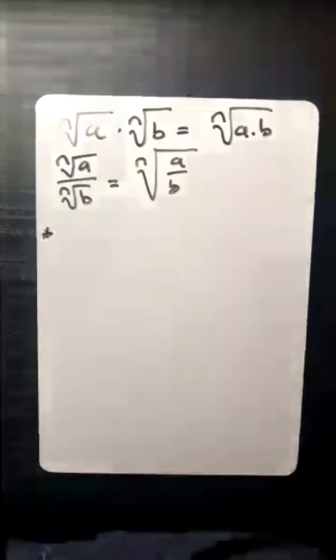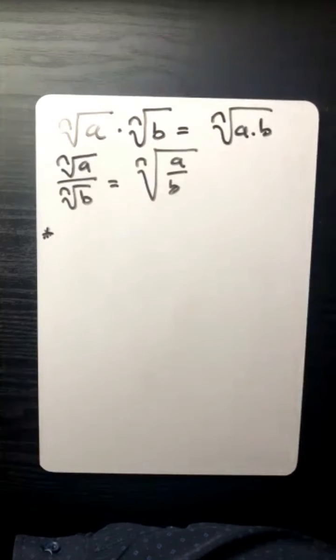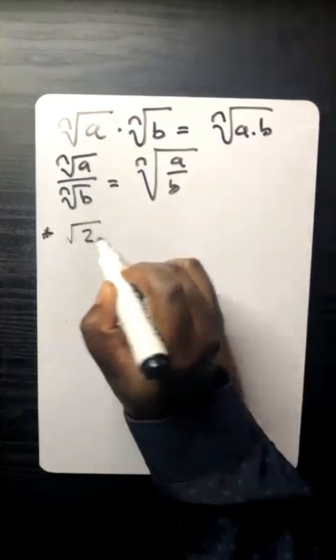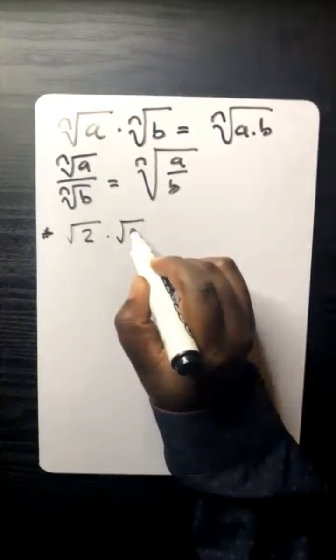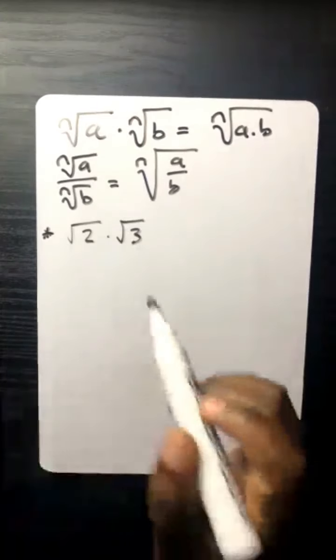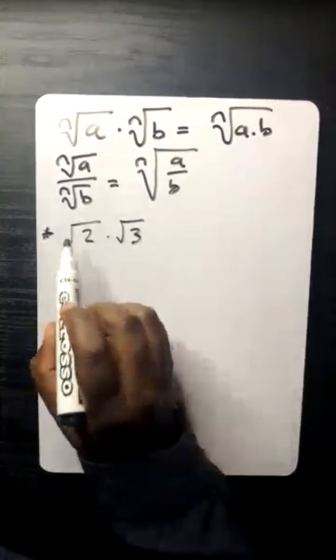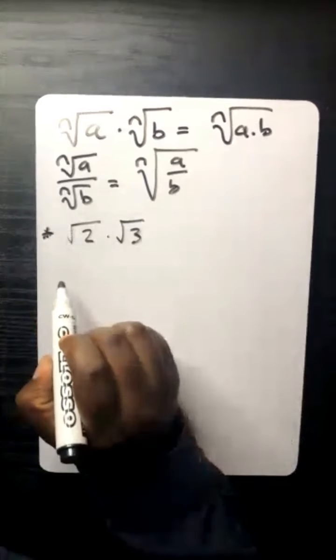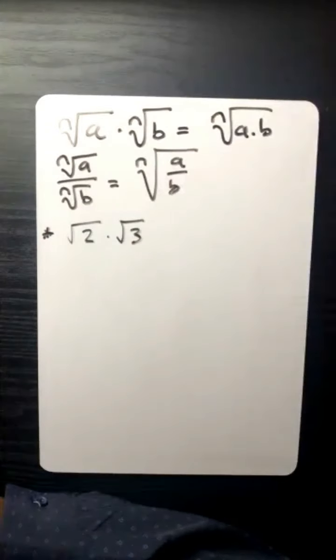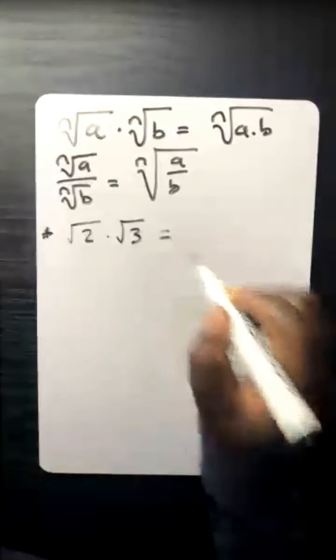So guys, in your exam questions, you might be given a question similar to this one, where they want you to simplify. So they may give you square root of 2 multiplied by square root of 3. So now you can see, guys, over there you've got that invisible 2, I hope you remember, which is represented by n. Also there you've got an invisible 2, which means this is equal to.